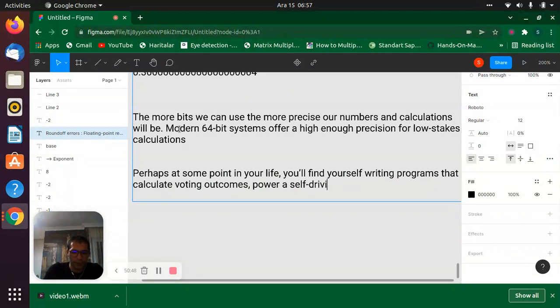I told you the important point here: self-driving car.